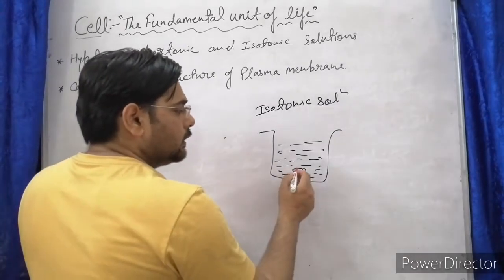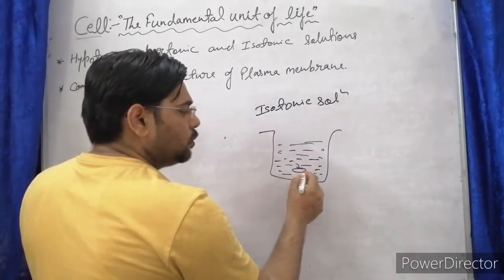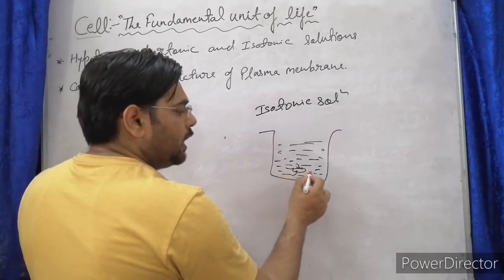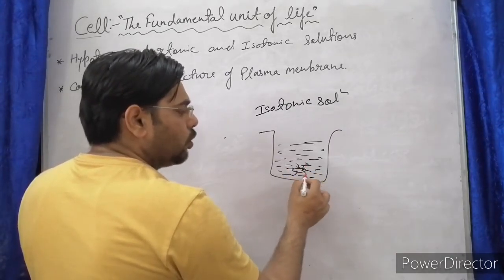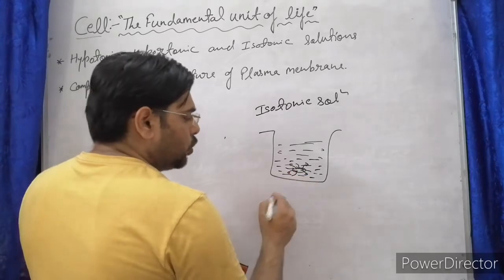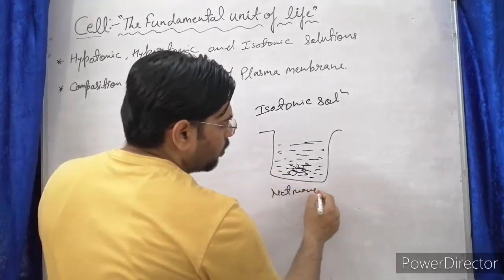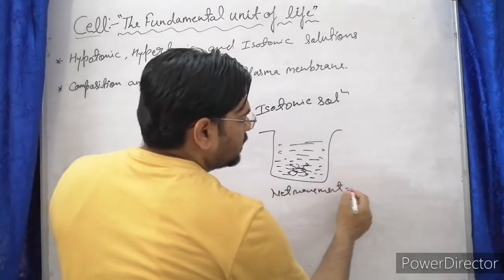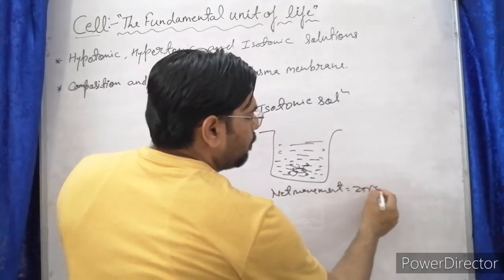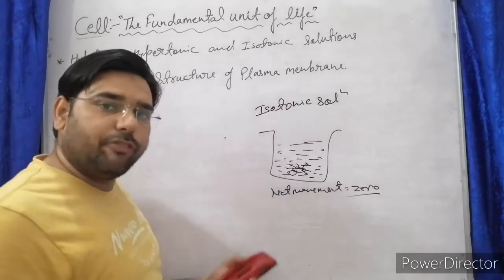So the amount of water going into the cell will be equal to the amount of water going out from the cell. So the net movement is equal to 0, meaning there is no net movement of fluid.